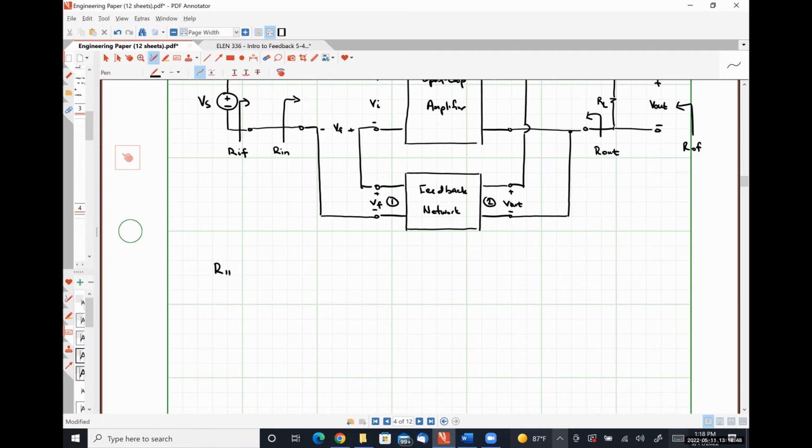R11 represents how the feedback network loads the input side of the open loop amplifier.